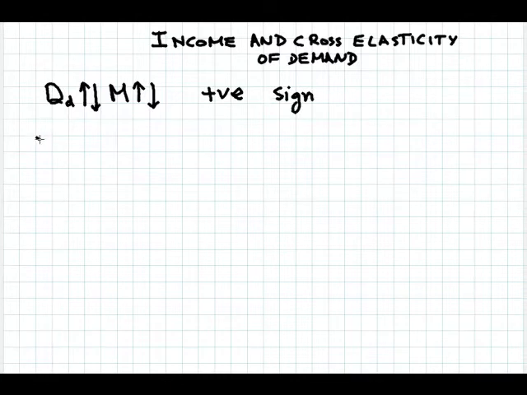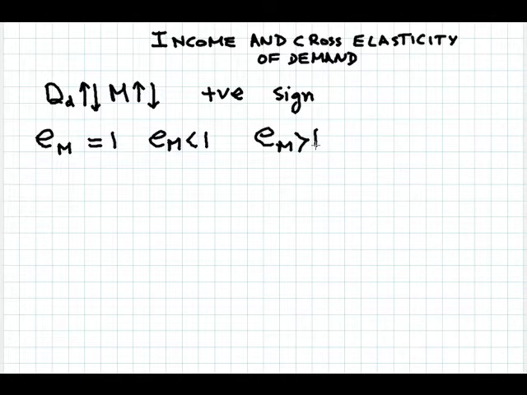So far as the degree of income elasticity of demand is concerned, EM is the symbol of income elasticity. It can be equal to 1, or it is less than 1, or income elasticity of demand is greater than 1.